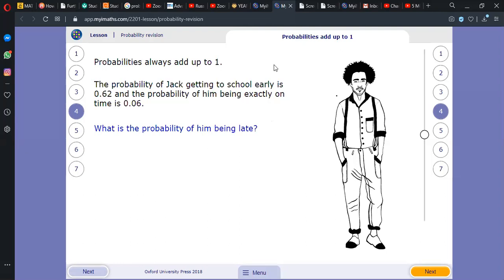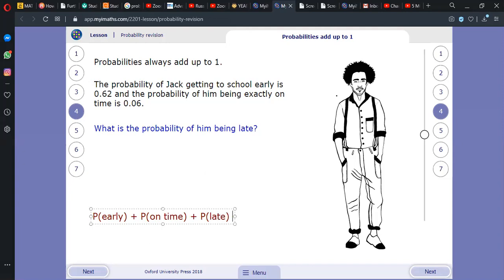Let's put that down very quickly. This is what we're trying to say. So the probability of early, plus the probability of on time, and then plus the probability of late.